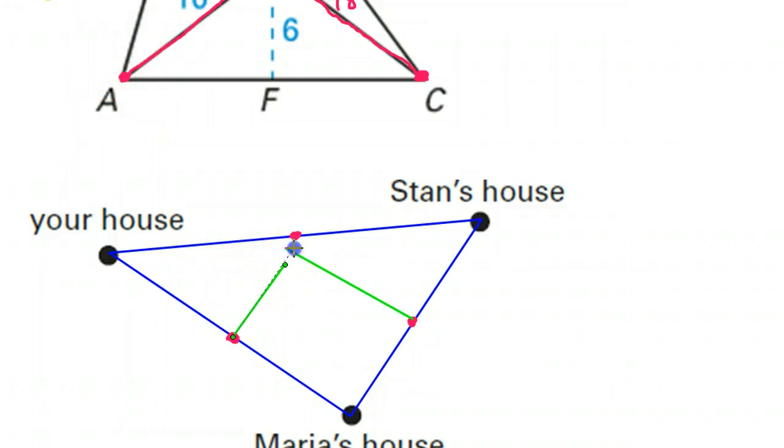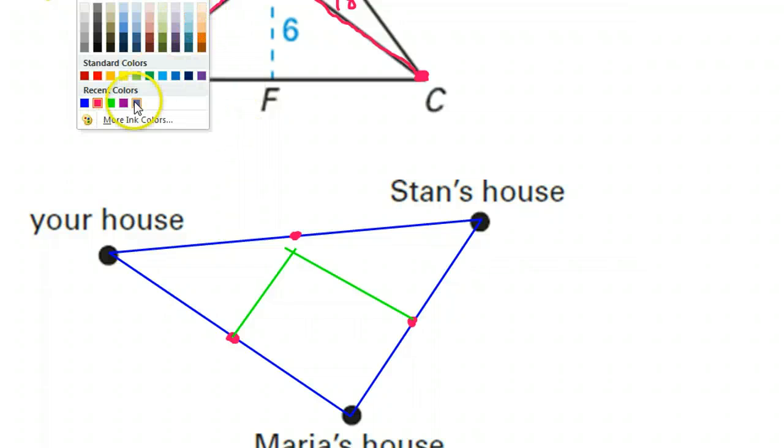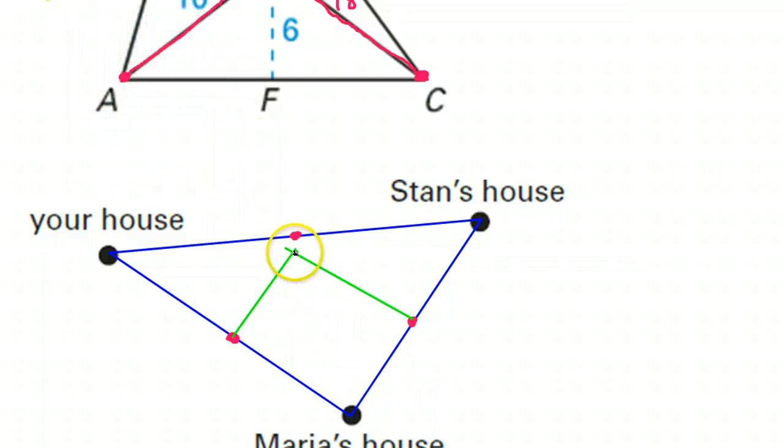So it looks like I might have to stretch it. It's looking like right about here is where the circumcenter is going to be. So this spot right here, that should be the meeting place.